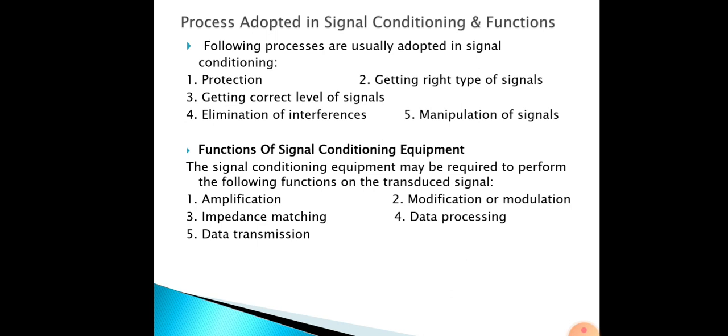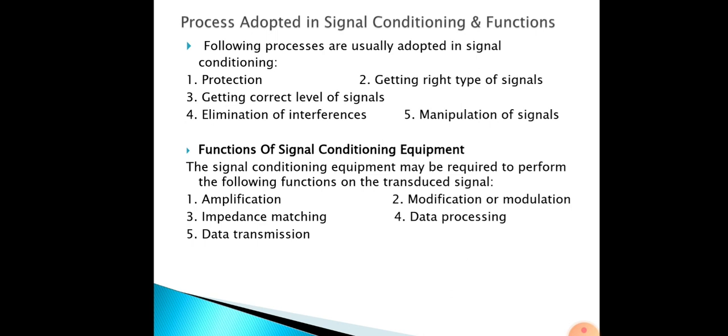The next one is getting the right type of signal. The output signal of the transducer is analog, so it needs to be converted into digital. We will convert it using signal conditioning. The next one, getting the correct level of signals. The level of the output signal may be too small or too high, so we should amplify it if it is too small.